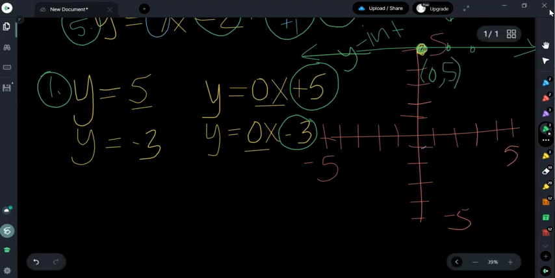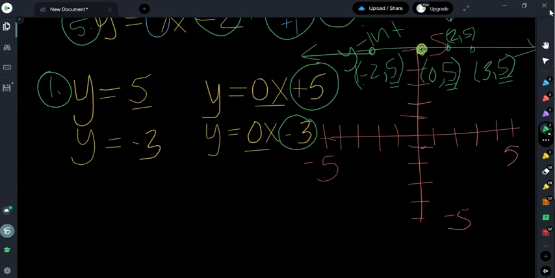This point right here is at 2, 5. This point right here is at 3, 5. This point over here is at -2, 5. Look at the y coordinates for all these guys. They're all the same.